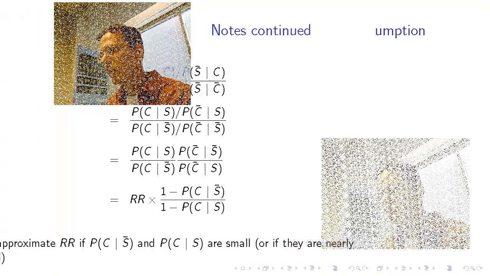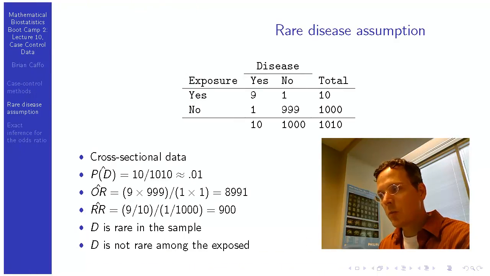So now just make the small point that the disease has to be rare among the exposed and the non-exposed, not just rare overall. So here's a simple example. Chuck Rohde reminded me of this at one point. So here we have the exposure, yes or no, disease, yes or no. We have 9, 1, 1, 999.